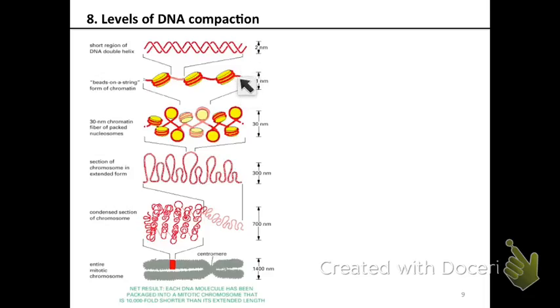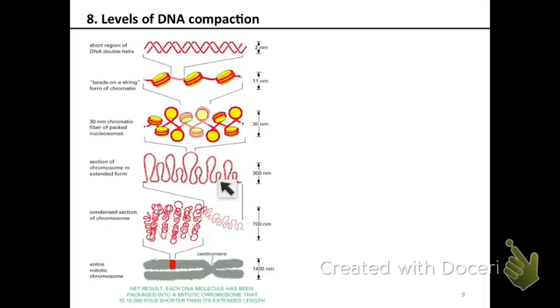And then this beads on a string form of chromatin basically folds within itself and forms more and more compact structures that are thicker and thicker, right?